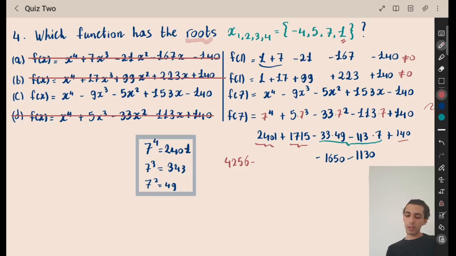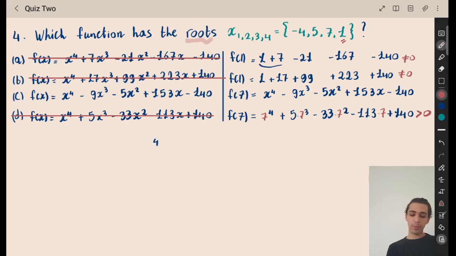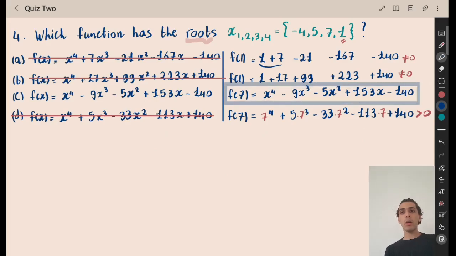So this value will actually be greater than 0 with all the computations we've just seen. And indeed, this will be the answer. A long and tedious exercise if you do it by hand. But this is what you need to do. As long as you know what a root is, you're good.